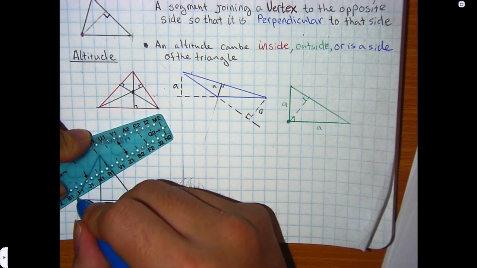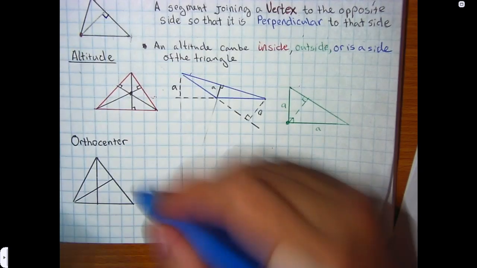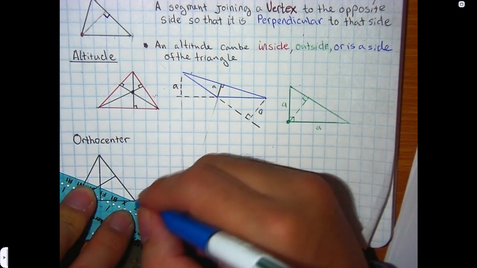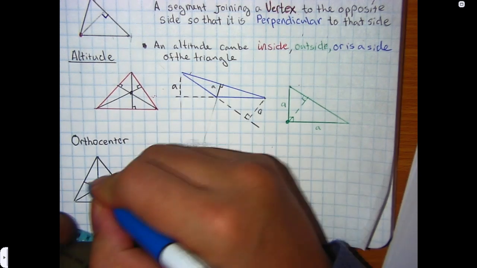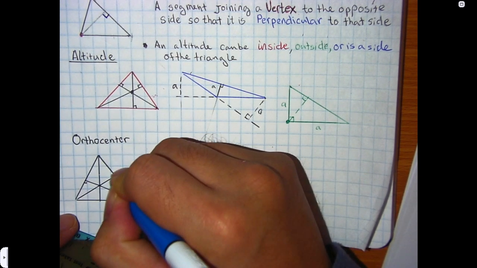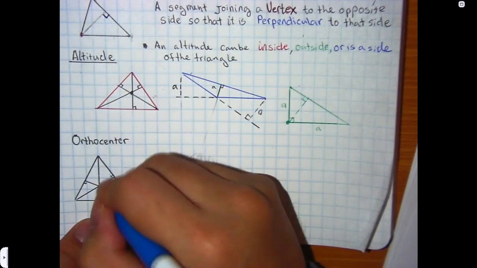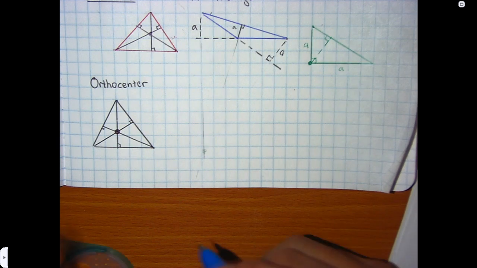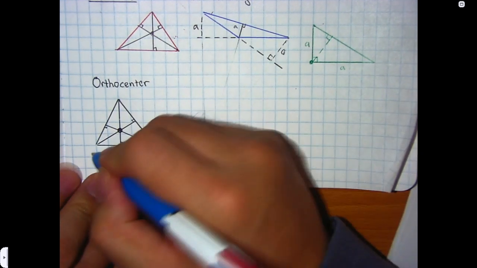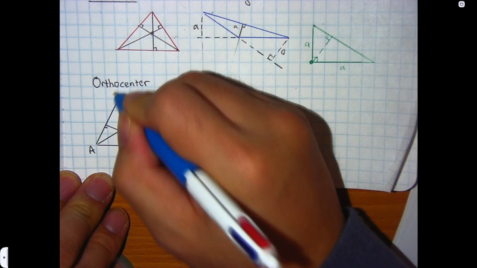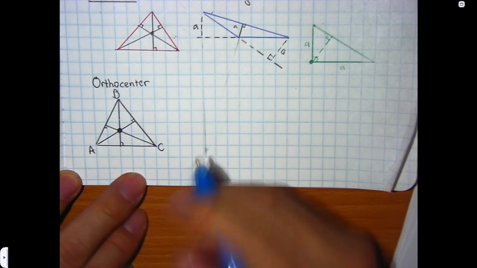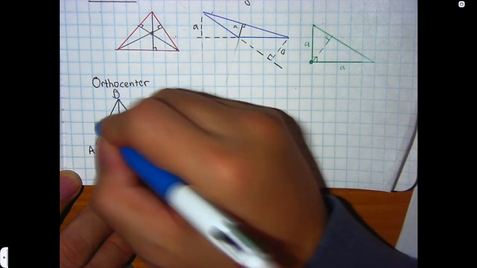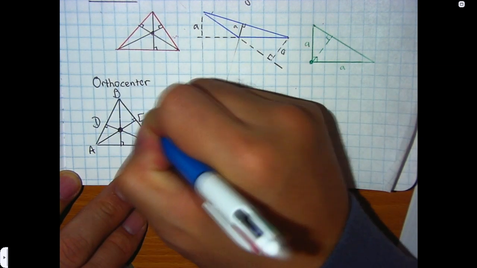I'm eyeballing this one because I'm not going to waste a lot of time. Just assume that these are going to be perpendicular to the opposite side. This point will be our orthocenter. Okay, so let's label the names. Let's call this A, B, C for our triangle, with the altitudes ending at D, E, F.